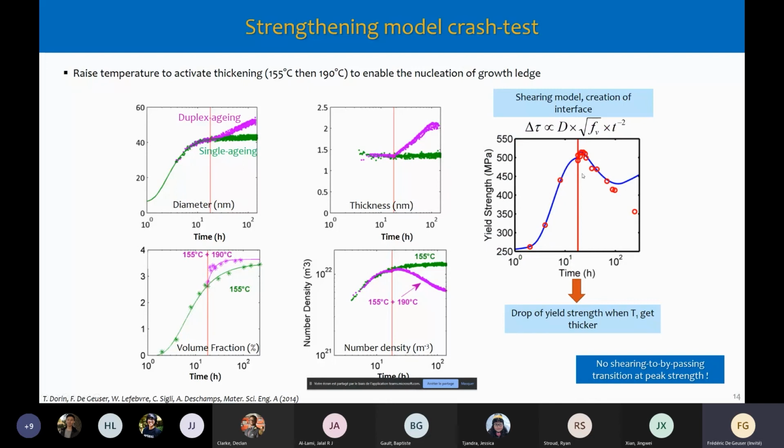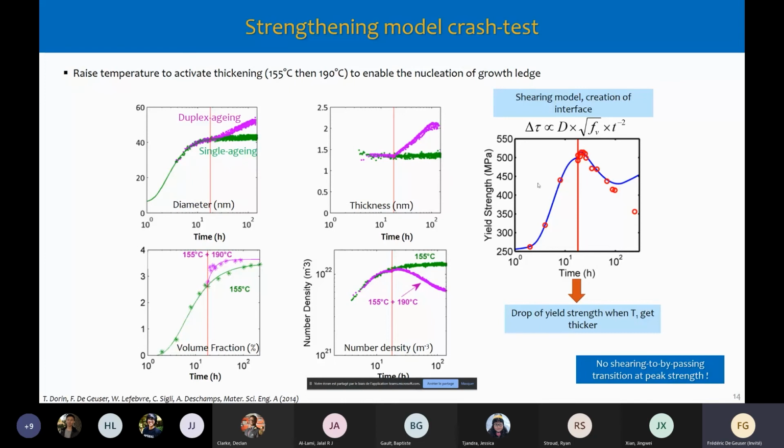And if you do this, you can reproduce the increase, but you can also reproduce this very small area here, which is actually much more complex than expected, because everything is changing at the same time here. So you actually don't need a transition from shearing to bypassing, as you can read in every textbook, to explain this peak in strength. This is all explained mostly by a change in morphology, actually.